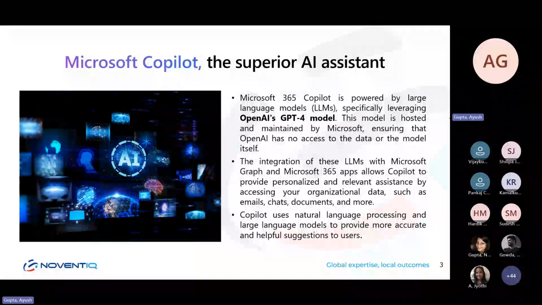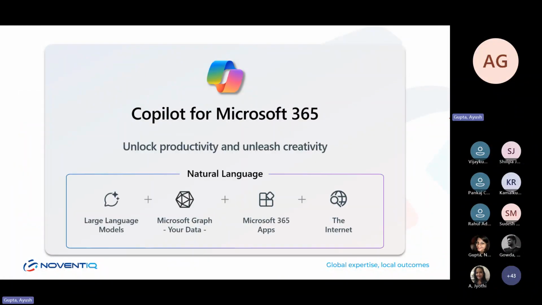Coming to the next slide, one of the important slides: the components of Microsoft Copilot. How many components are there? There are 4 major components. The first, which we have talked about, is the LLM models, powered by the OpenAI GPT-4 model, managed by Microsoft. The second is the Microsoft data, your data, Microsoft Graph, whatever data you have on your tenant; it will work with that data as well.